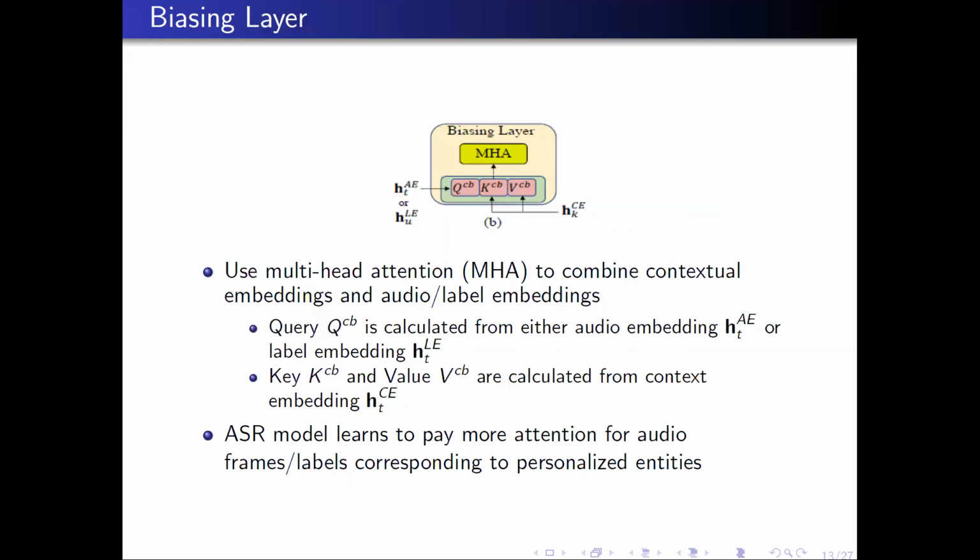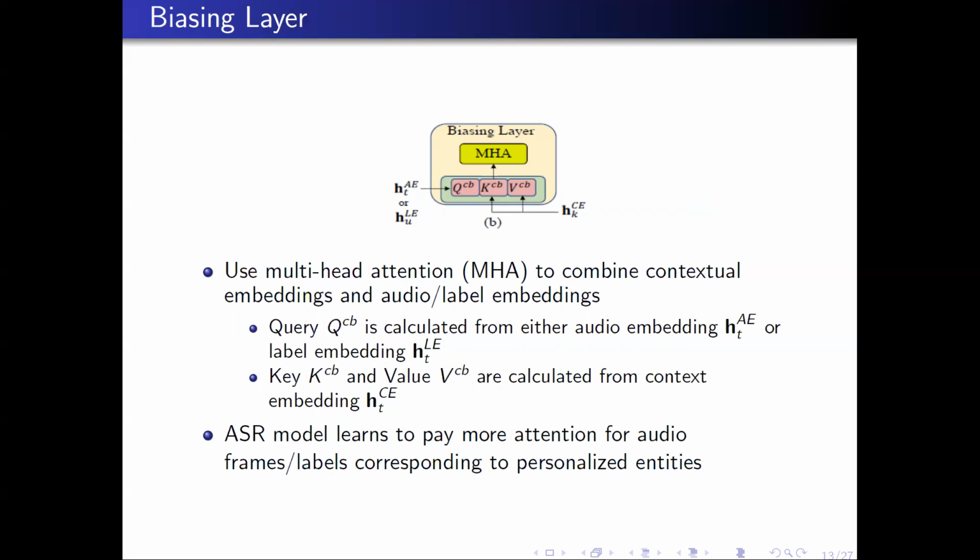The second component is the biasing layer. It uses multi-head attention to combine contextual embeddings and audio or label embeddings. The query is calculated from either audio or label embedding.